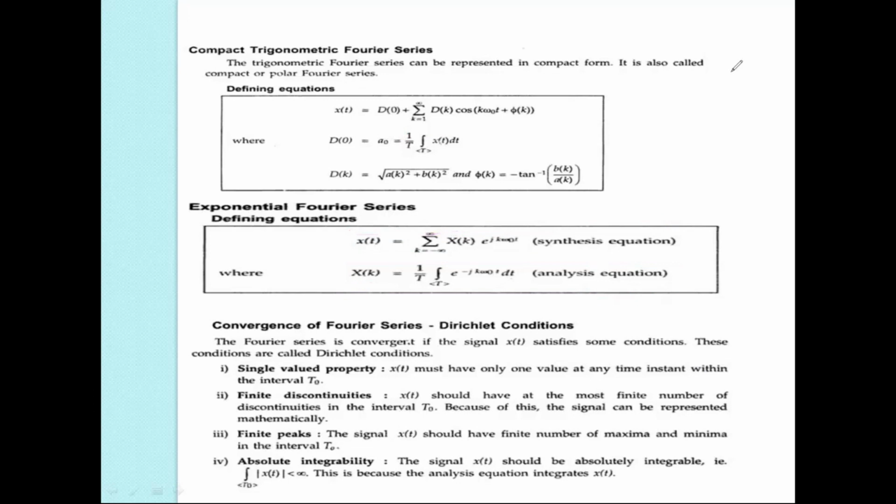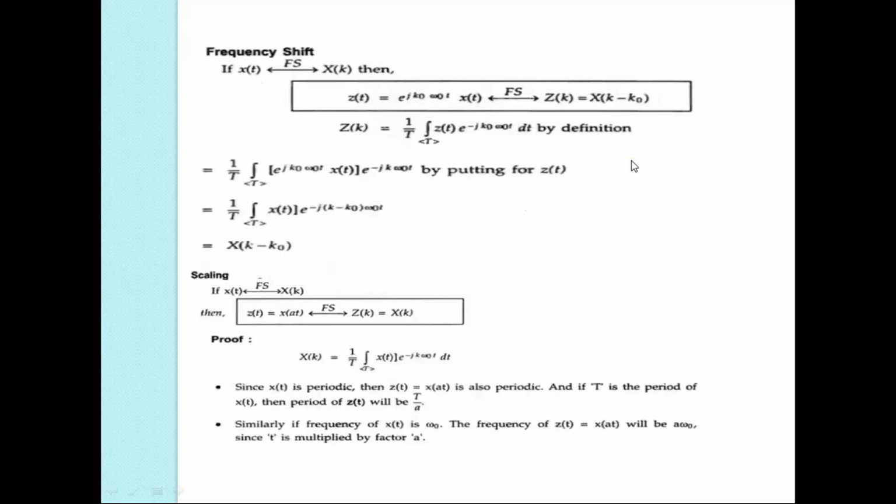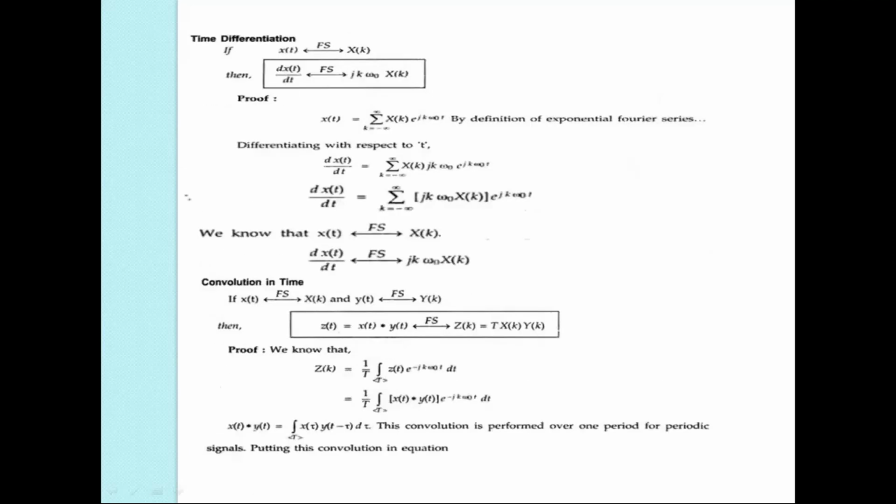So now we go to today's class, which is the time differentiation. To prove the time differentiation property, we are using the synthesis equation, x of t is equal to.